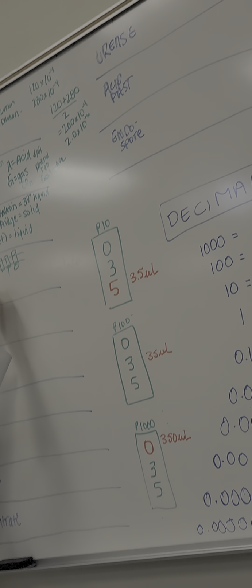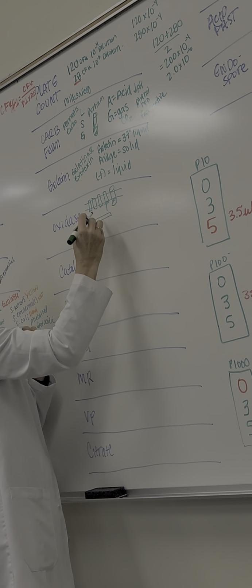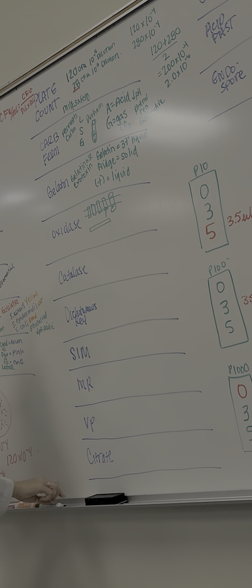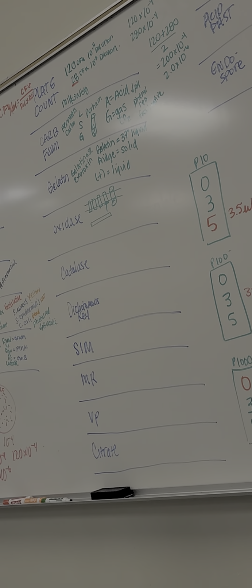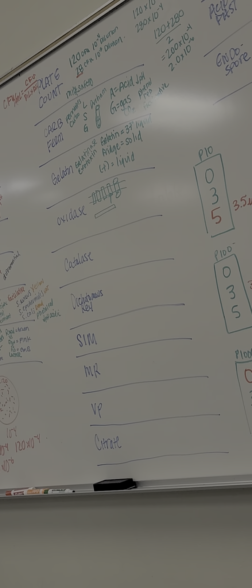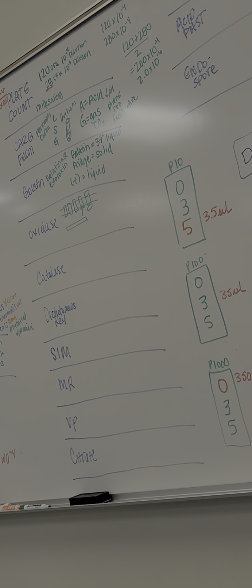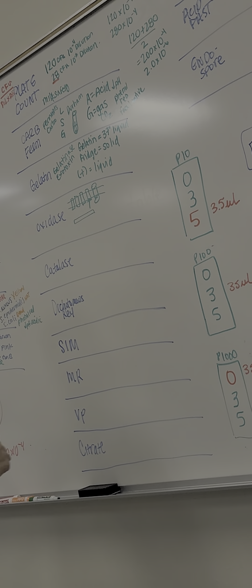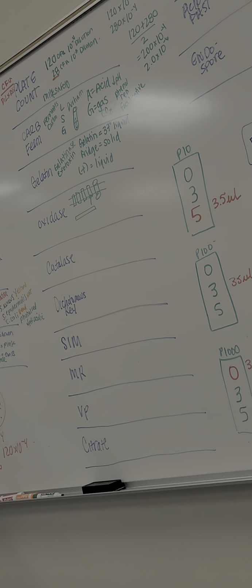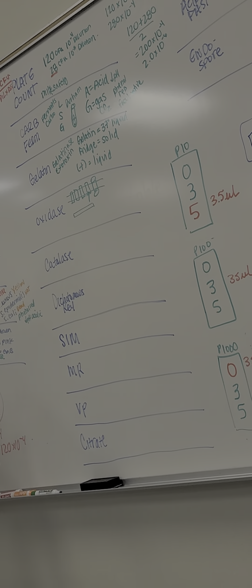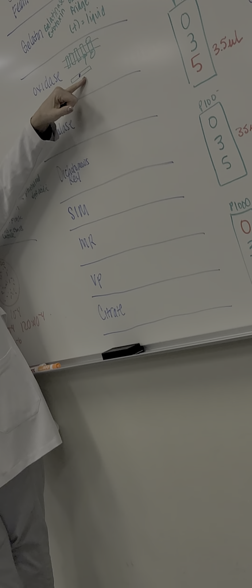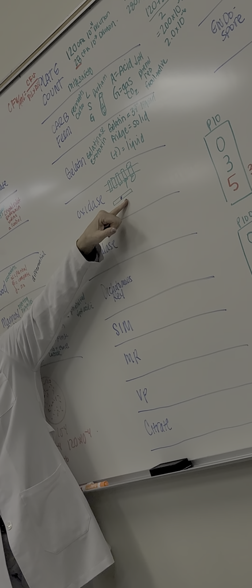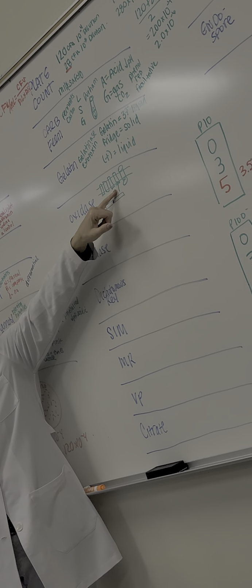It's the strip that will change colors in the first 15 seconds if it turns purple. If positive, the little blue strip progressively turns darker, then it's positive. And that means it has the cytochrome.